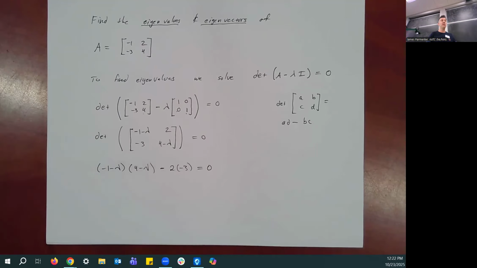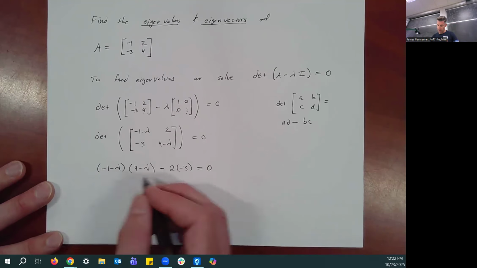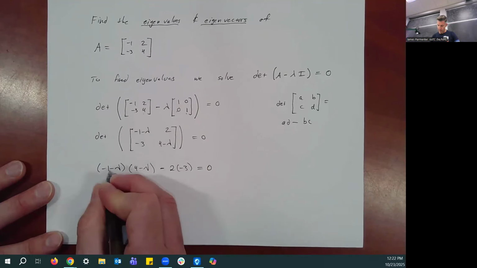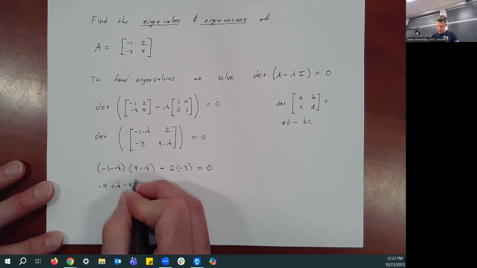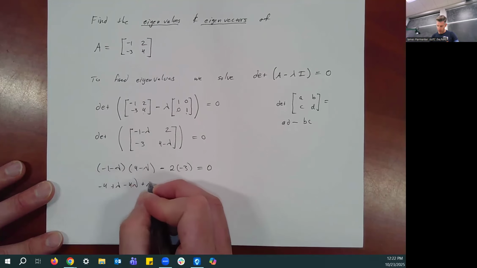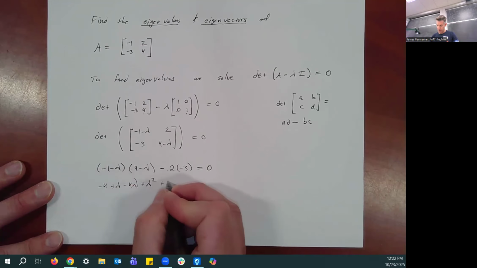For 2 by 2 matrices, this should always result in a quadratic equation. So I'm going to multiply this out. I'm going to have -1 times 4, -1 times negative lambda, negative lambda times 4, and then negative lambda times negative lambda is lambda squared, minus 2 times -3 is +6.